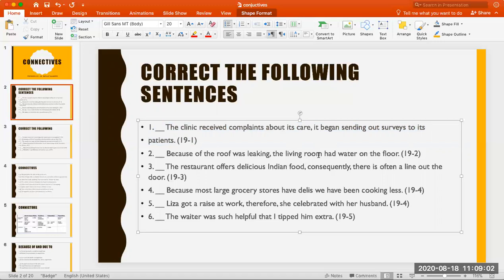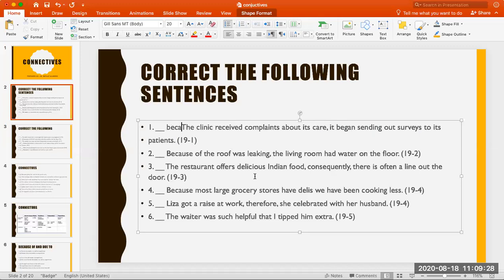So you could add either a fanboys, so it began. You could remove the comma, use full stop, start with a capital, or you could remove the comma and add a semicolon. The semicolon is a connector, makes a compound sentence. Or you keep the comma, but you begin this whole thing, the first clause, with a subordinator.